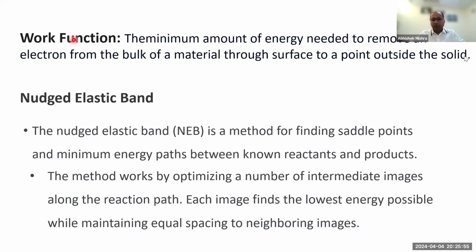You start from the reactant, you go to the product, and in between you create a number of images and relax them by adding a similar force constant between them. Then you find the exact transition state by calculating the phonons, determining the single frequency instability in the particular direction where you expect your reaction to go.